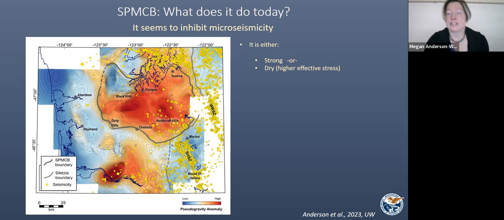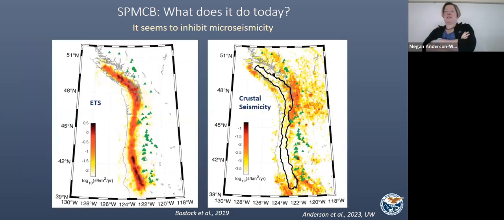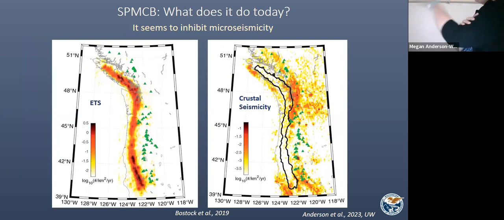One of the ideas I've talked about with Michael Bostock and his student Reed Merrill, from his 2019 paper, is that episodic tremor and slip is located on the left-hand side of this diagram, and on the right-hand side, the black boundary, is separated in space from the crustal seismicity location.